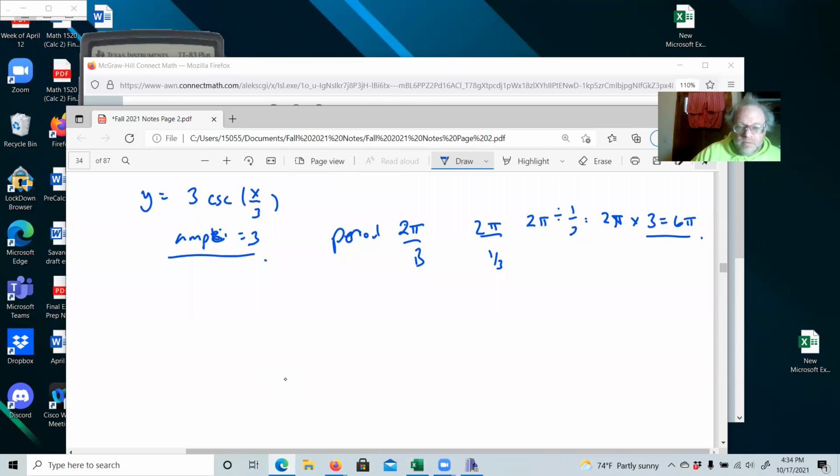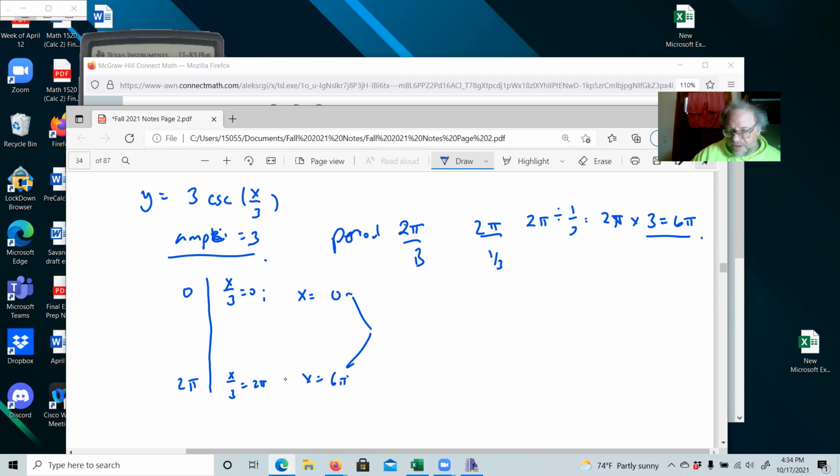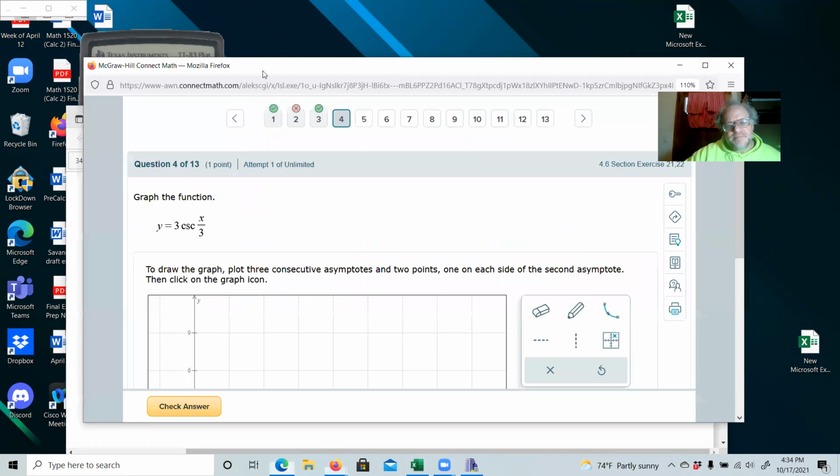We start at 0 and end at 2 pi. So we need x over 3 to be 0, and x over 3 equals 2 pi, so x must be 6 pi. Then we take our end minus our beginning, 6 pi minus 0. 6 pi is the period.